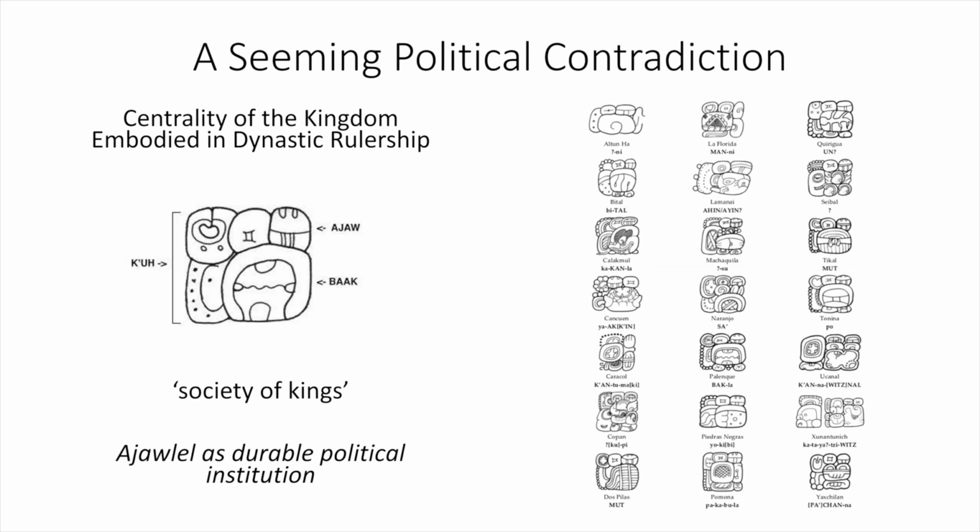So Maya ruling lines, or Maya dynasties, are in many cases tied to place, and it's only the interesting exceptions, when polities move from one place to another, that go against that long-term connection to place.